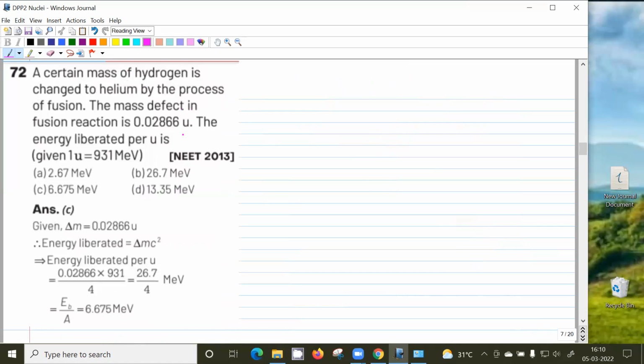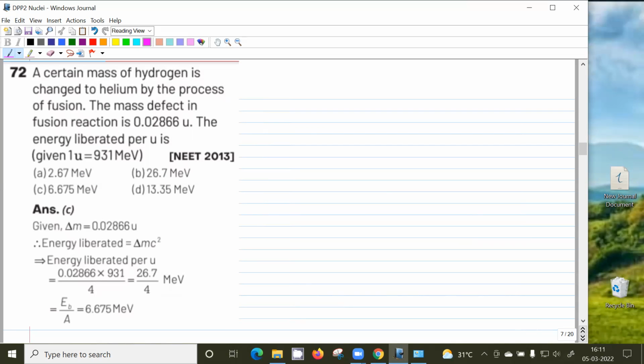Okay, a certain mass of hydrogen is changed to helium by the process of fusion. Mass defect, energy liberated per U is given as this. So when hydrogen is converted into helium, if the mass of the product is less, then some mass is getting lost, right?